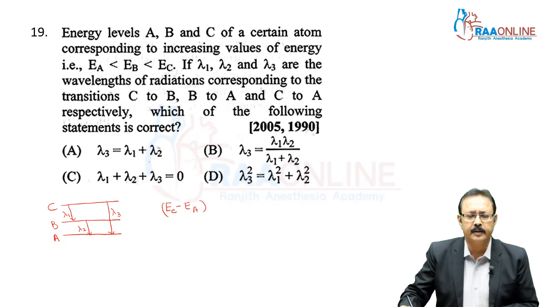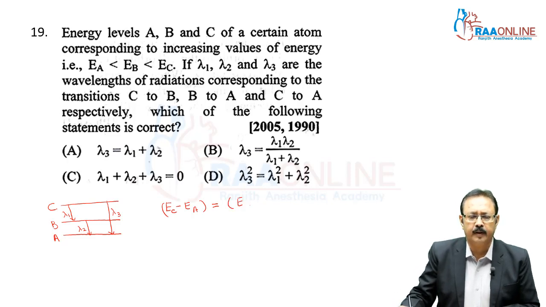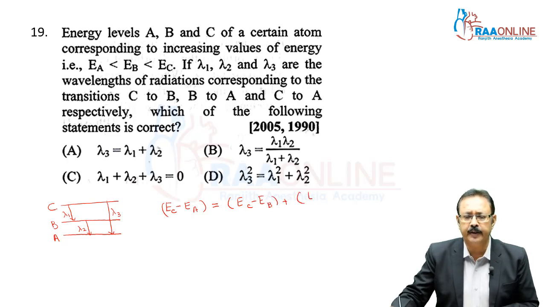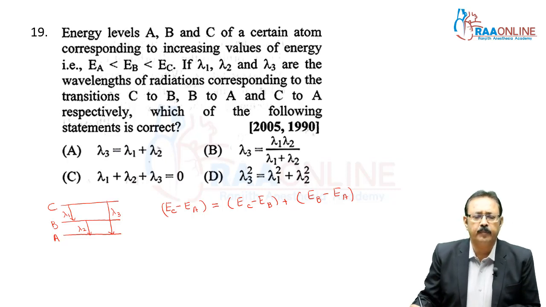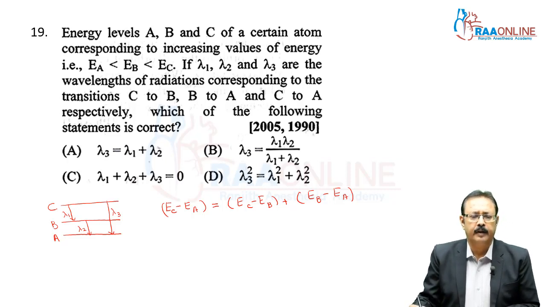We can write this energy level difference between EC minus EB plus energy difference between EB and EA. When it is coming from EC to EA, emission is of wavelength lambda 3, but energy is hc by lambda.